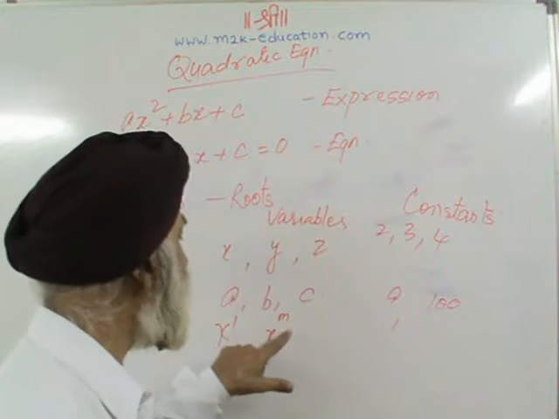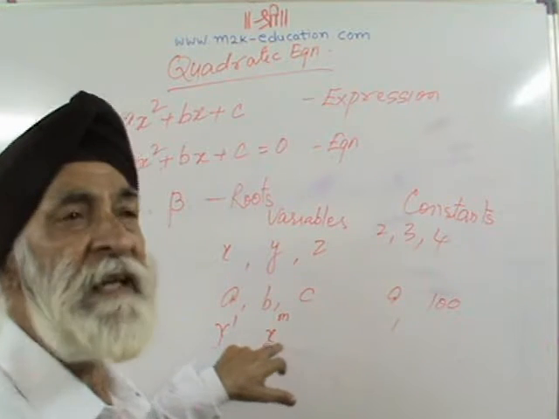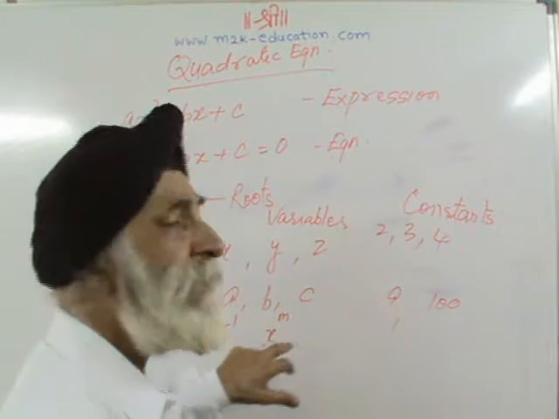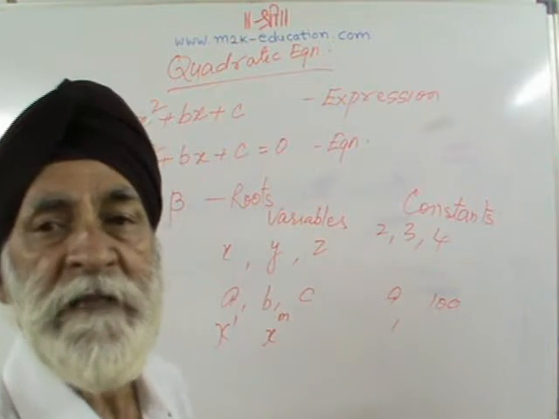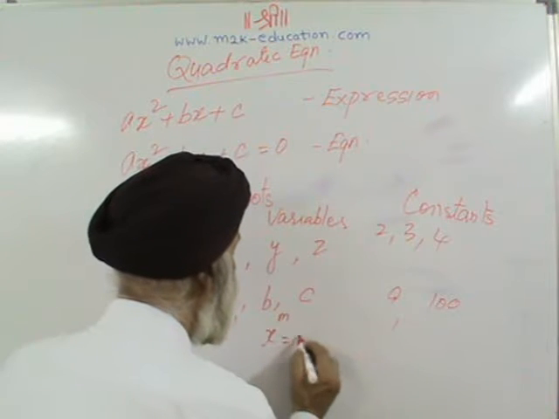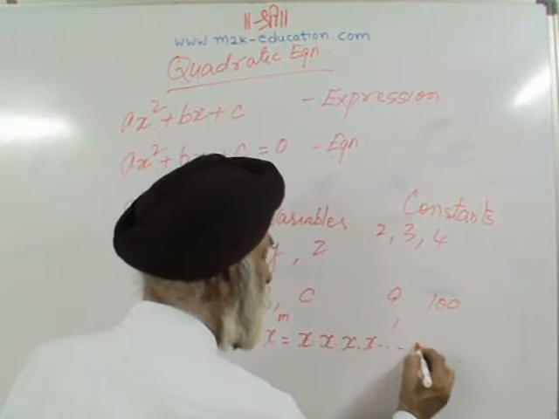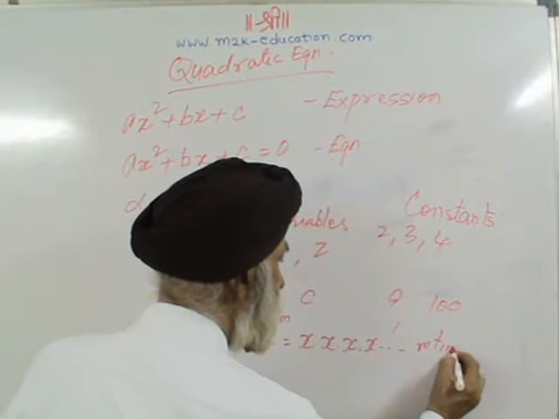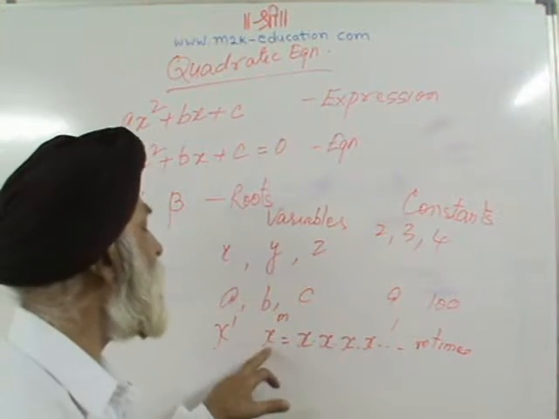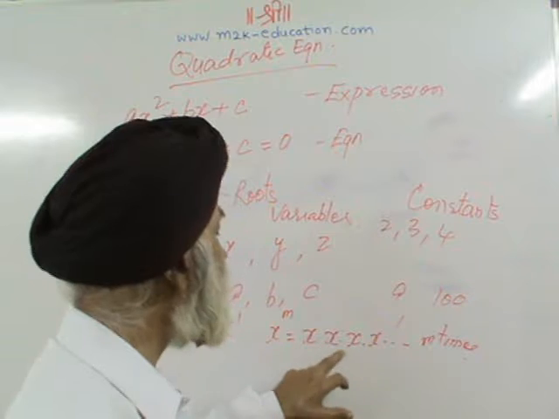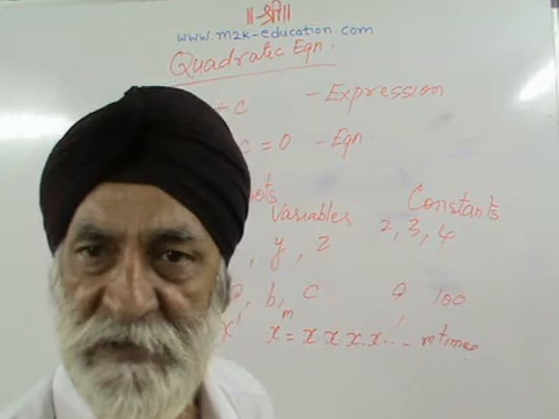Whereas in the case of x raised to m, we can say x to the power m, or that x is multiplied m times with itself, like x into x into x, m times. So writing x raised to m means x is multiplied by itself m times.